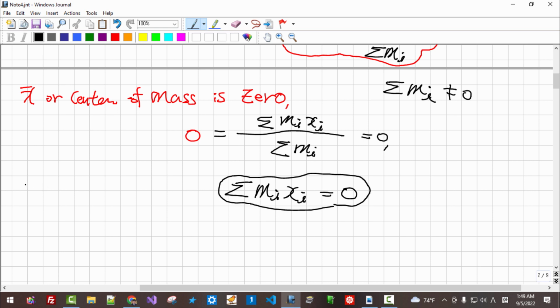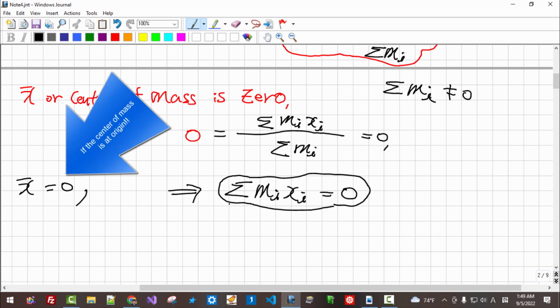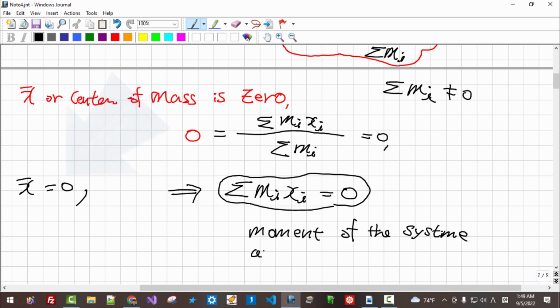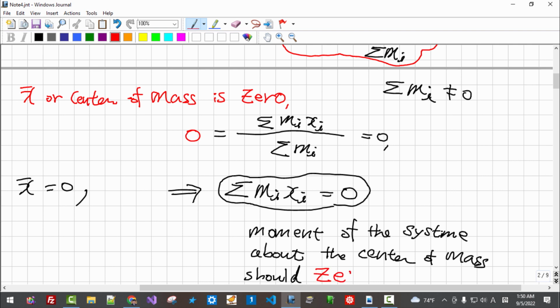That is, if the center of mass is 0, then this term, called the moment of the system about the center of mass, should be 0.